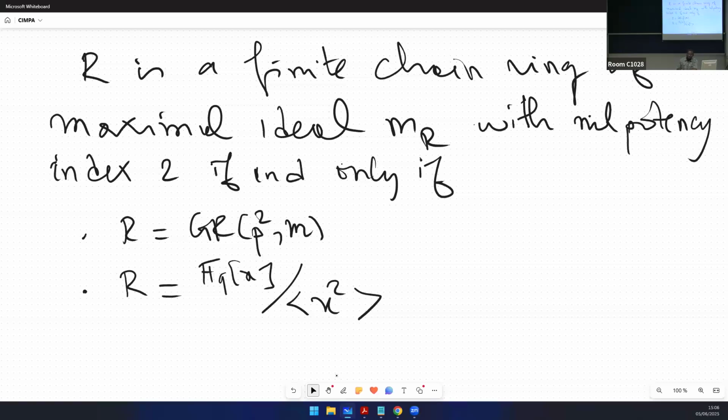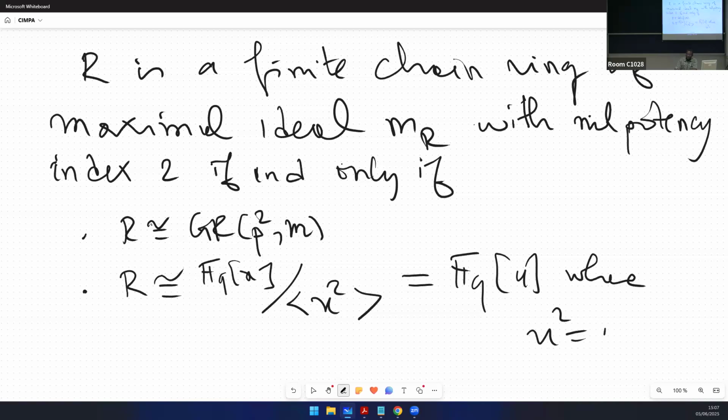If R is a finite chain ring with nilpotency index 2, then R is isomorphic to a Galois ring of characteristic P squared, or R is isomorphic to this, which you can write as FQ[u], where u squared equals 0.